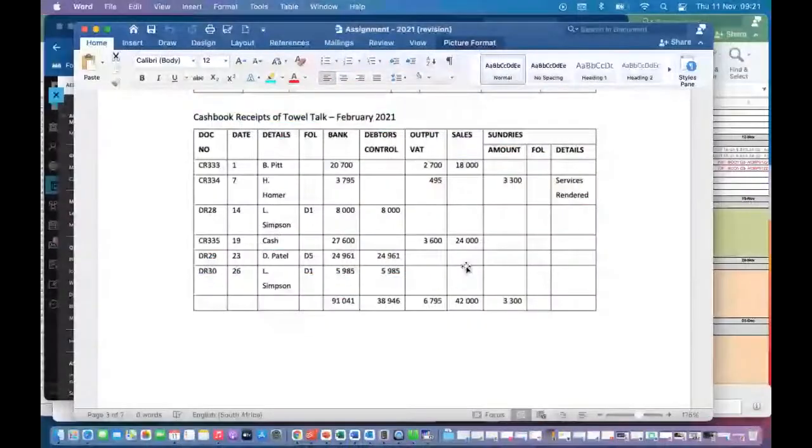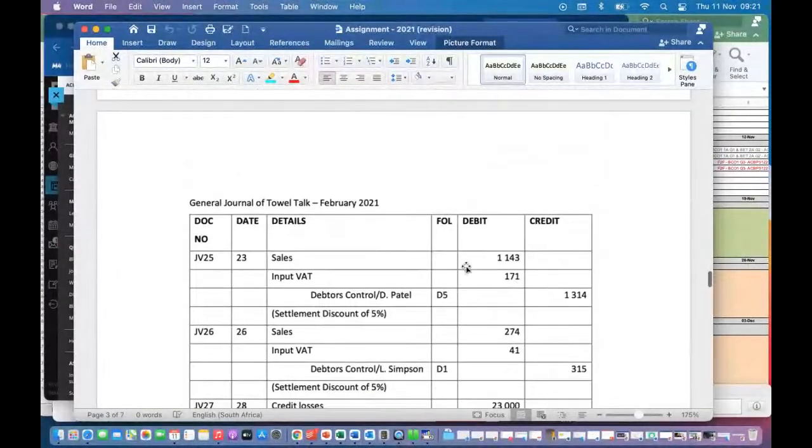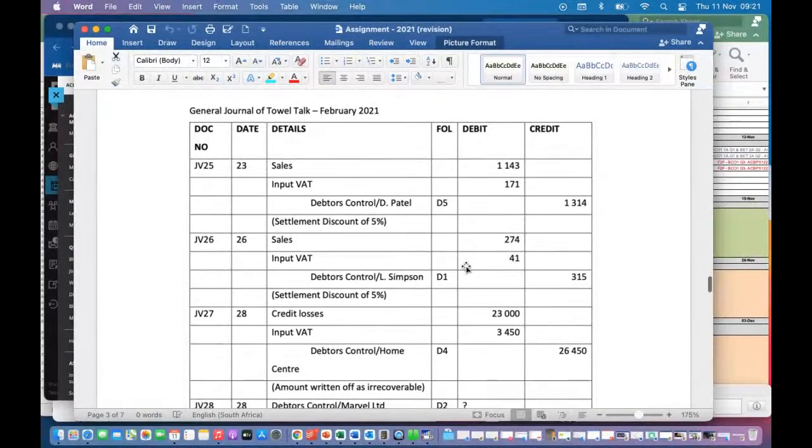Then we move on to the next. And here in the general journal, we're looking for everywhere where we've written debtors control. And then we have to understand what each of those was actually communicating. So the first one there you can see in brackets, this is where narrations become important. Can you see there? Settlement discount of 5%.